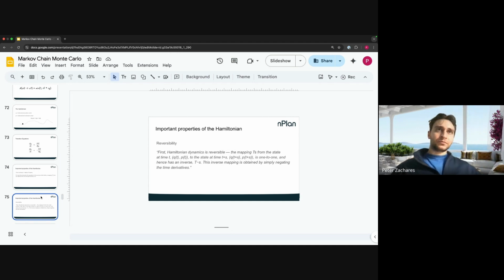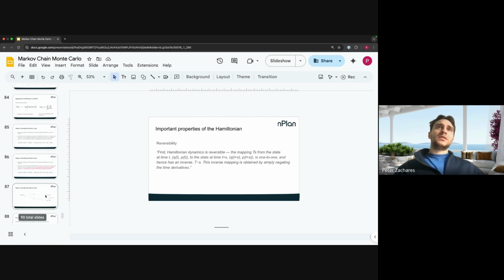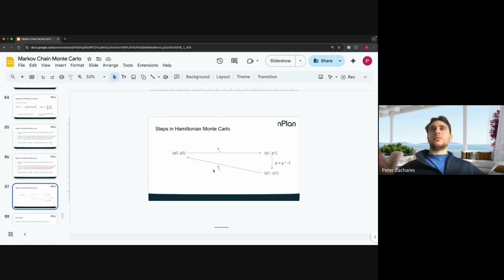I'll actually show you a diagram that I created that shows you, in the examples that we're going to look at later, this is completely true. So say that you're at your point Q naught, P naught. And you do your mapping Ts. So this is taking you 5 seconds in the future.